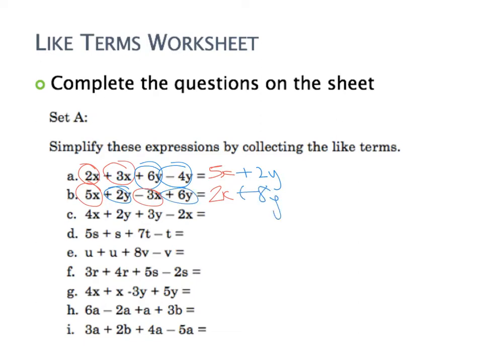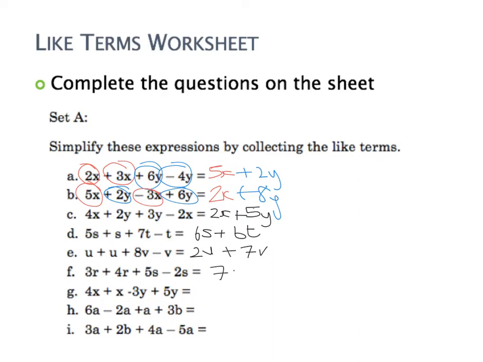Okay, so I'll just go through the other answers. The next one, we've got 2x and 5y. Then we've got 6s plus 6t. Then we've got 2u plus 7v.